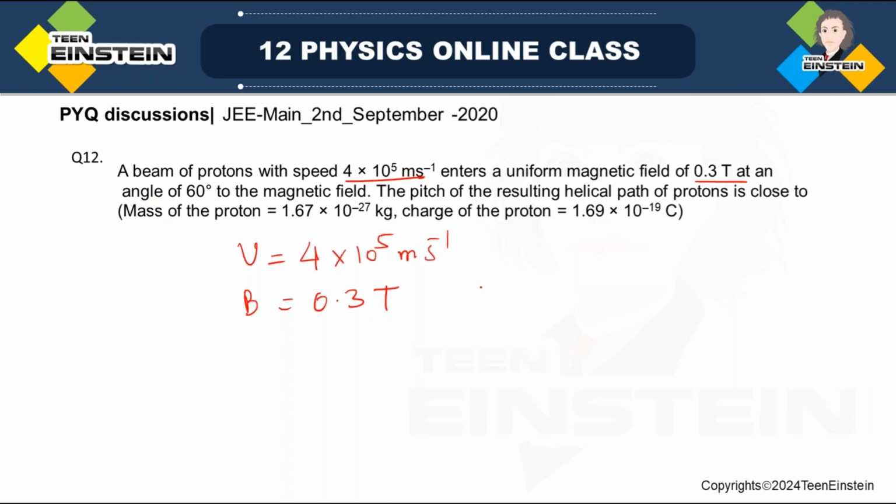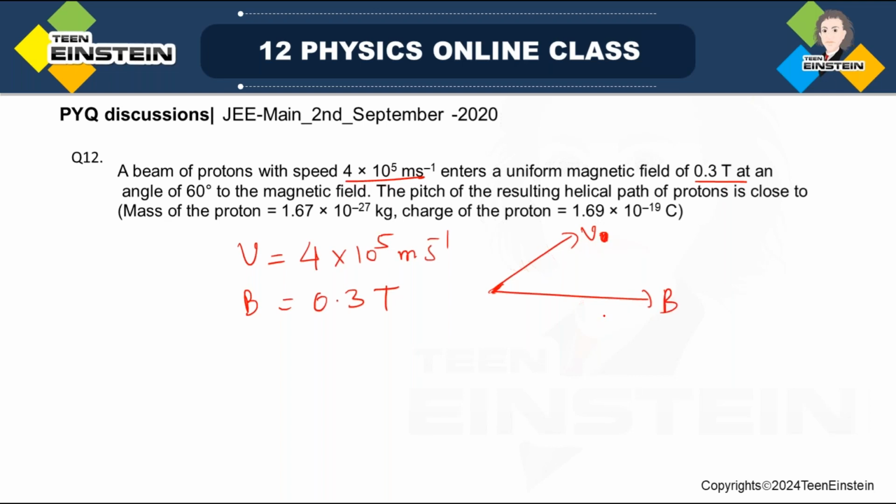And see, it is making an angle. Suppose my magnetic field is along the x direction and the velocity v is along this direction.